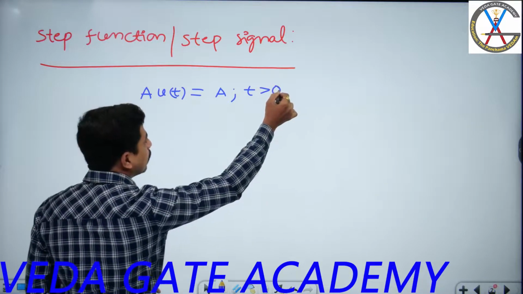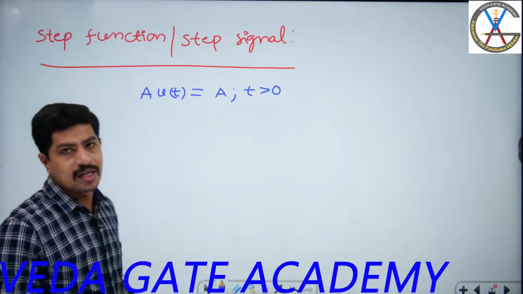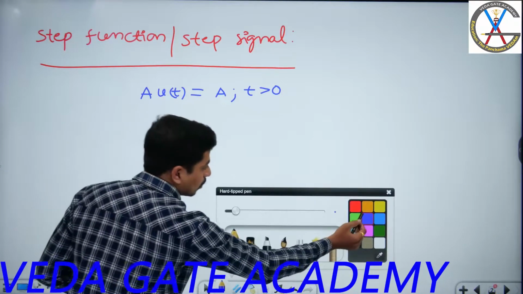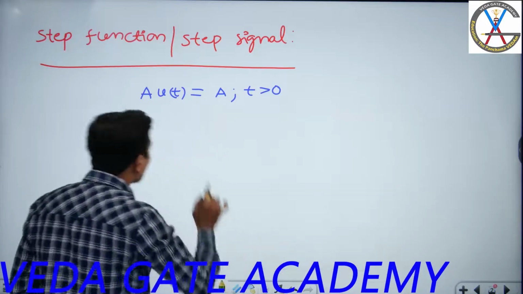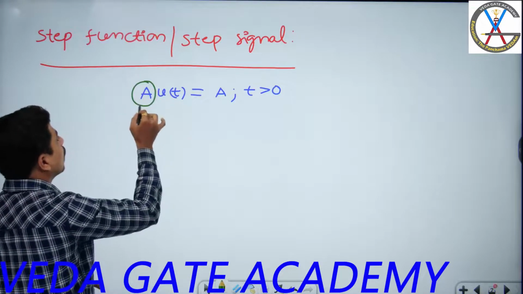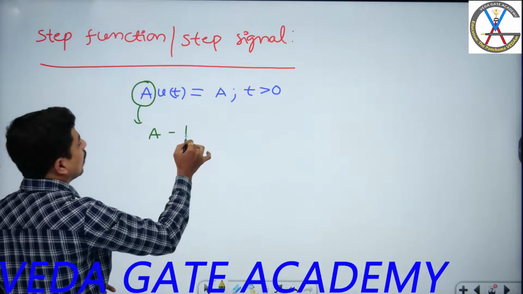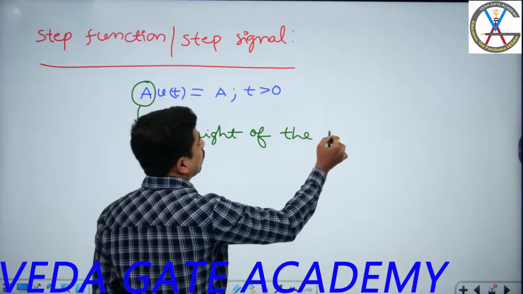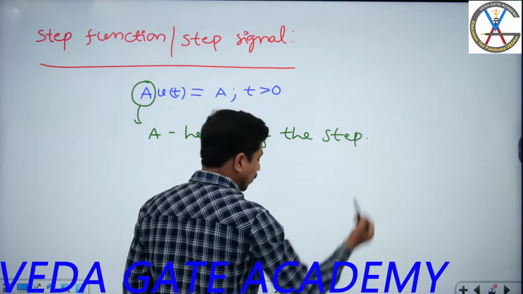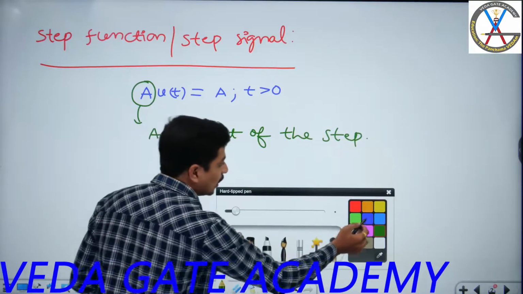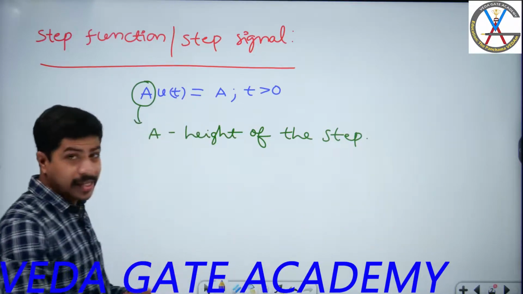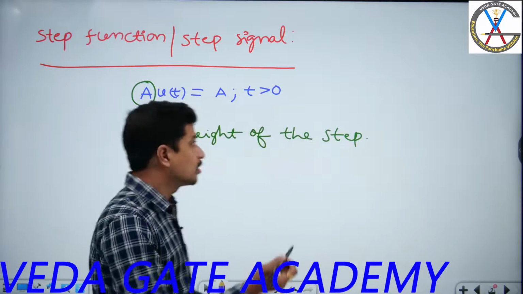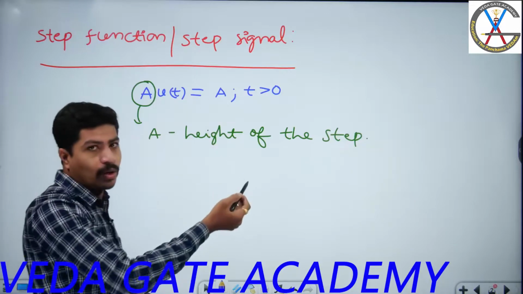The symbol to denote the step function is a into u of t, where a is the height of the step. If a into u of t is equal to a, then how much is u of t?